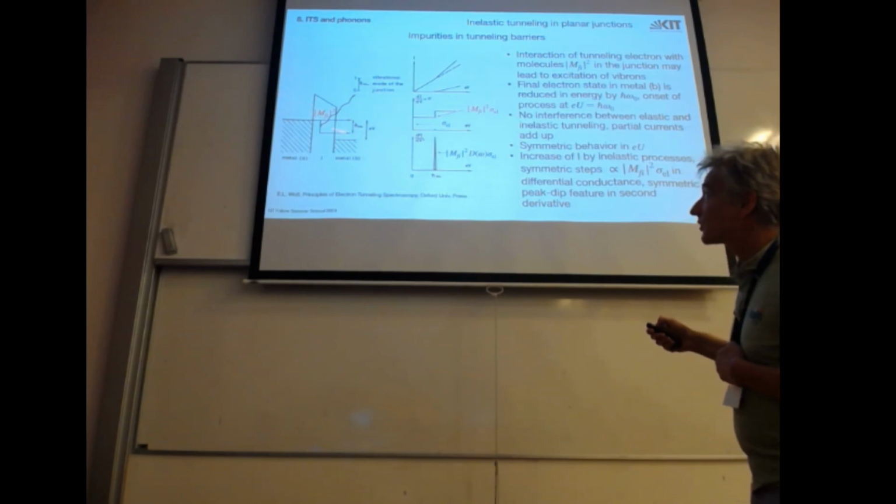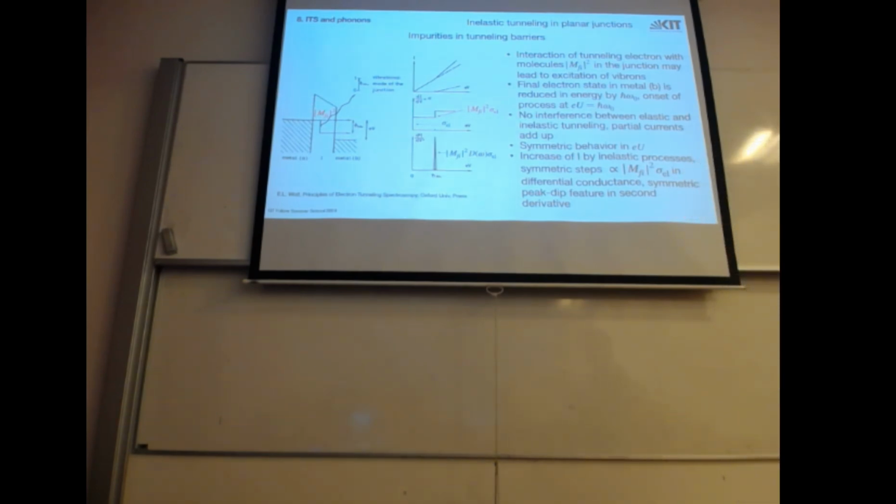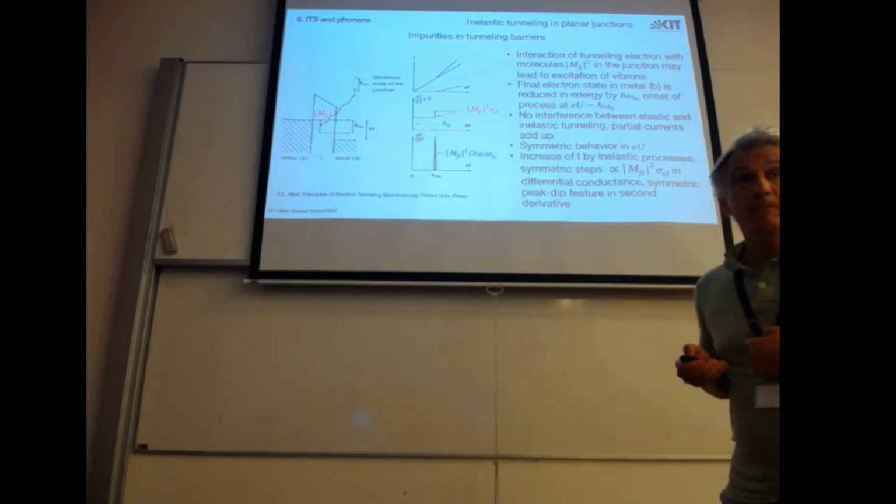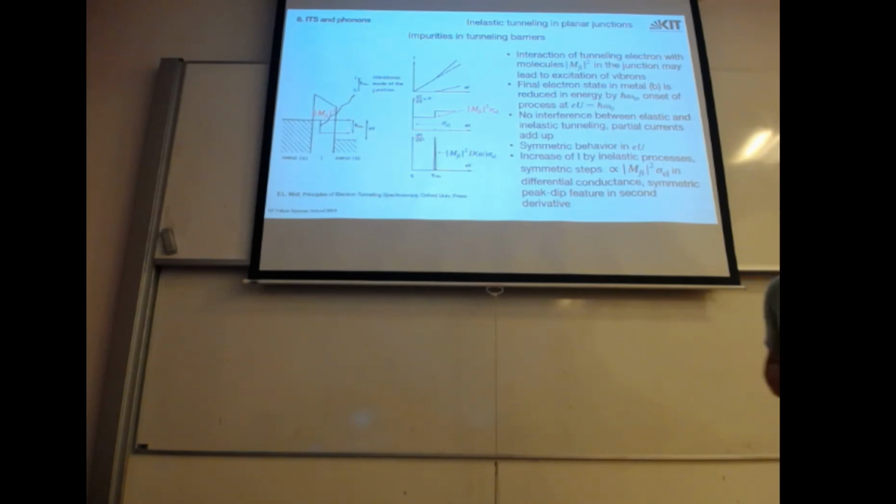This process is proportional to this matrix element. So that means the electron loses some energy in this collision with the molecule. The molecule starts to vibrate with h bar omega. And of course, the electron has to lose this energy, h bar omega. And then you get another final state somewhere below the bias condition.